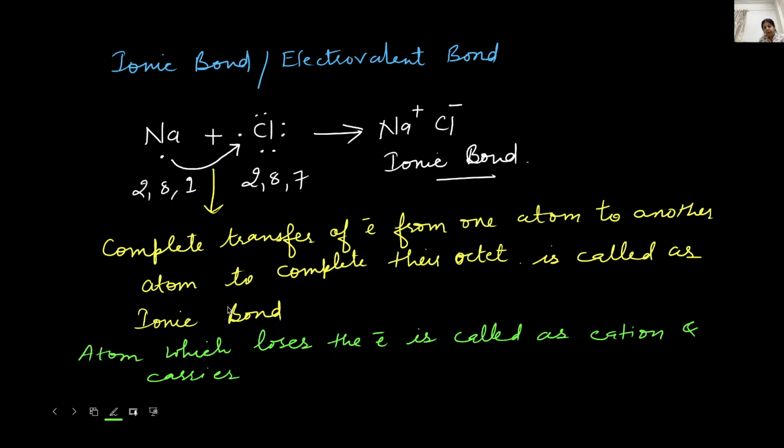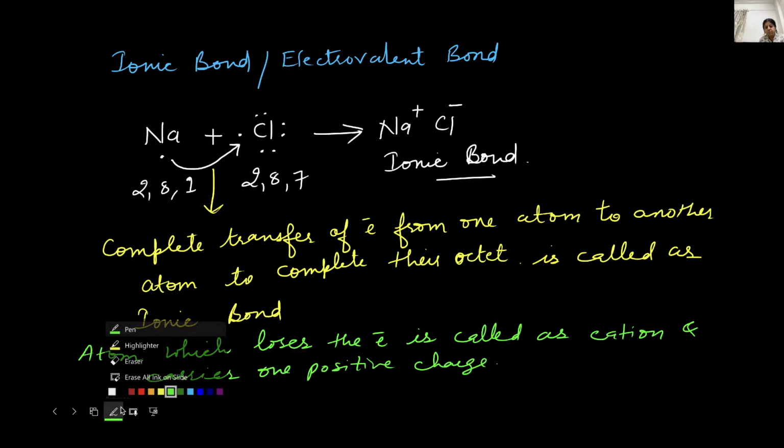Can you see, the sodium atom has acquired 1 positive charge due to the loss of 1 electron. Atom which loses the electron is called a cation and carries the positive charge on it.